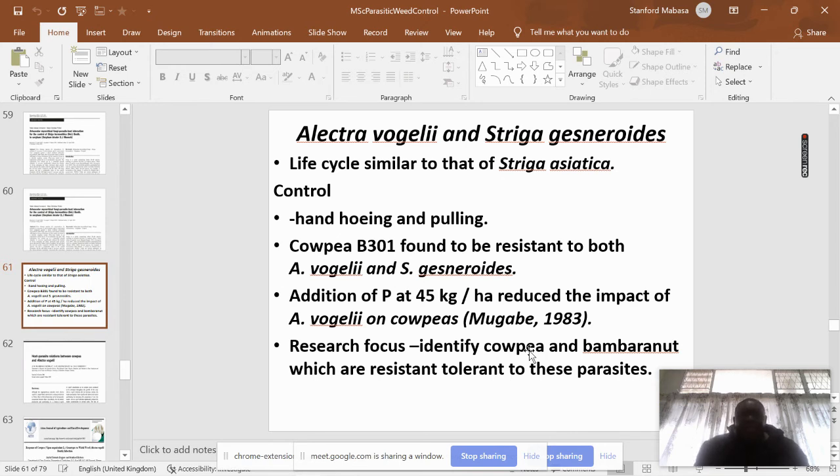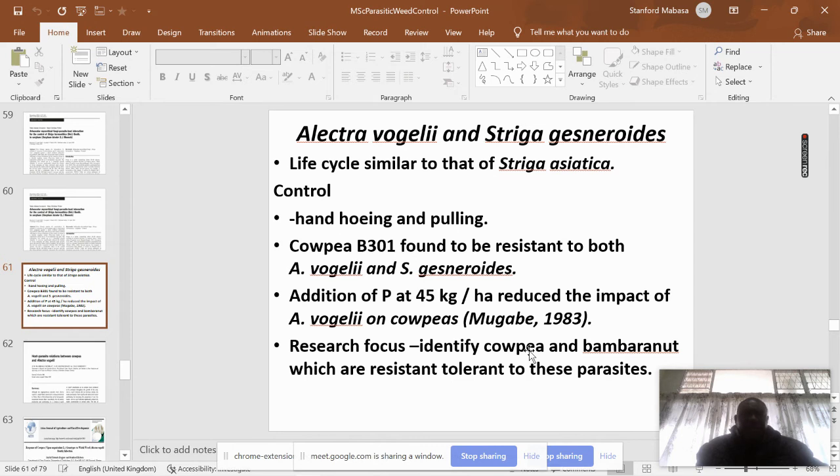The other issue is that phosphorus applied at 45 kg per hectare was found to reduce the impact of Alectra vogelii on cowpeas. We now know that phosphorus can reduce the production of strigolactones. Probably this is the mechanism which explains why Alectra vogelii is reduced.